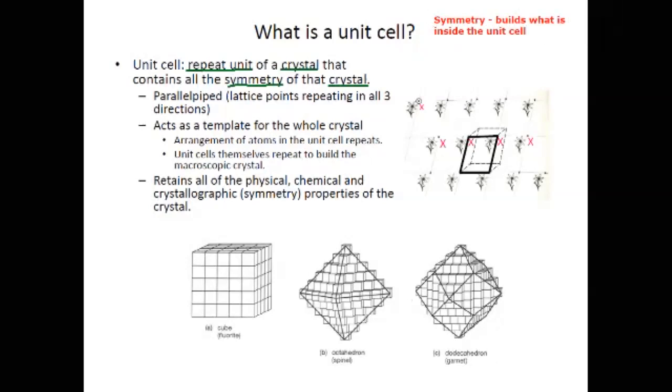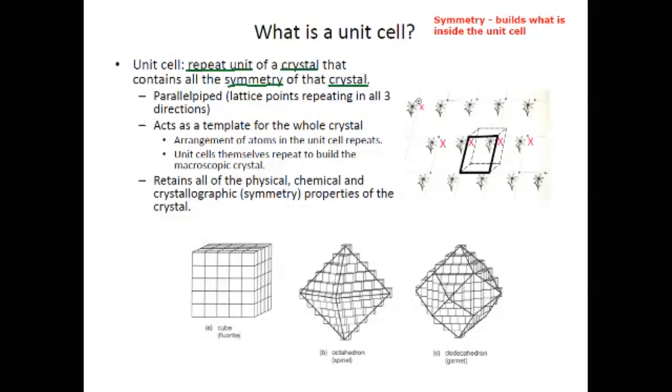So in order to understand what's inside the unit cell, we have to use symmetry to generate everything inside of the unit cell. Now, once we have the unit cell, the crystal is just made up of repeating the same unit cell over and over. So it's, as we call it, a blueprint or template for the whole crystal. Now, these unit cells retain all the properties of the crystal.